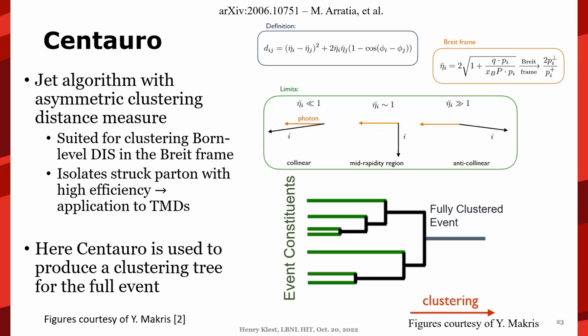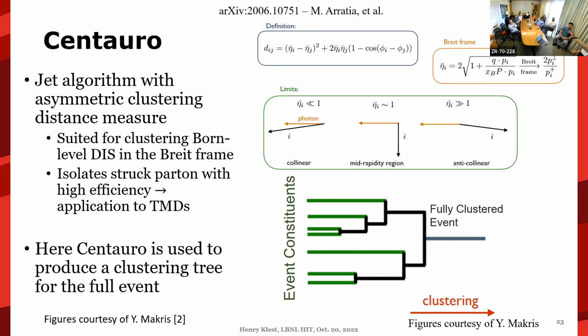Sure. So now, to throw another thing into the pot, there is the recently proposed Centauro jet algorithm that does a very nice thing, which is that it actually captures the Born level jet in DIS, unlike the standard lab frame longitudinally invariant anti-kT algorithms.